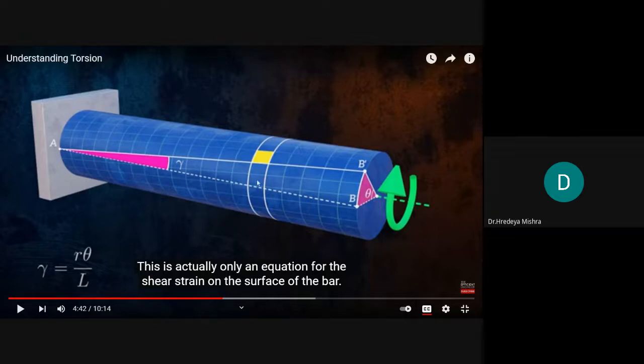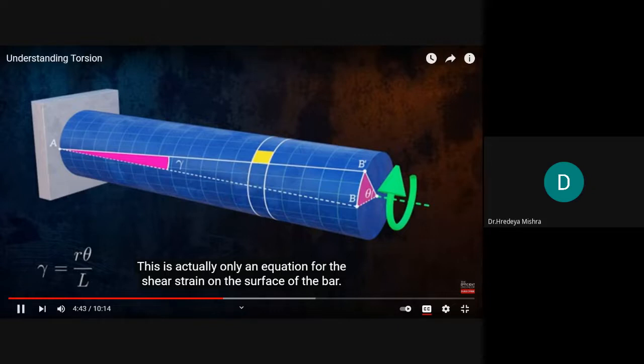So if we want to know the value of this gamma, it equals r, the radius of this cross section, times theta, the angle of twist, divided by L, the length of the shaft, or we can say the length of the specimen.